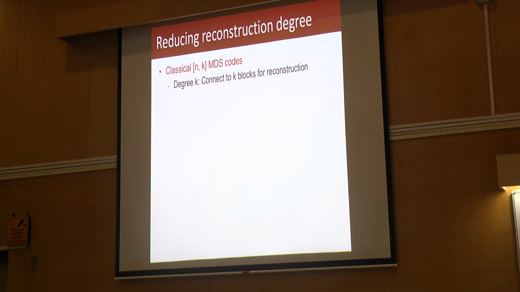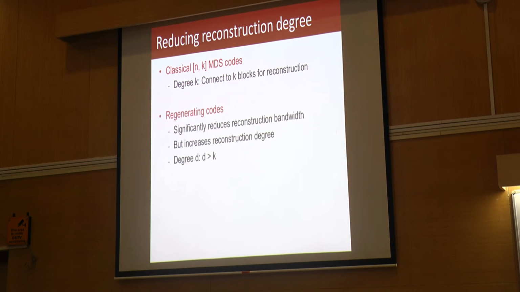Because they don't distinguish between this kind of partial reconstruction and full decoding. So the degree is k. And in regenerating codes, which helped us reduce the reconstruction bandwidth, the degree was greater than k, as we saw, and that was one of the key ingredients in reducing the reconstruction bandwidth.